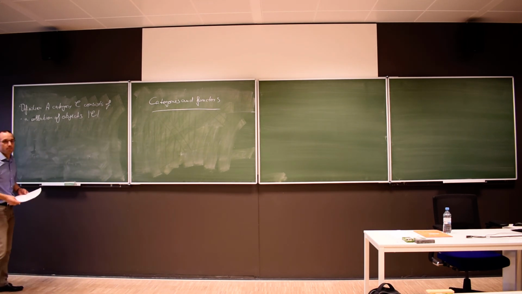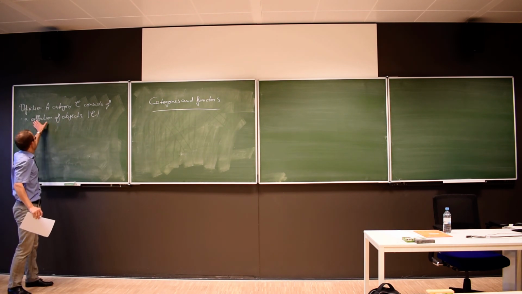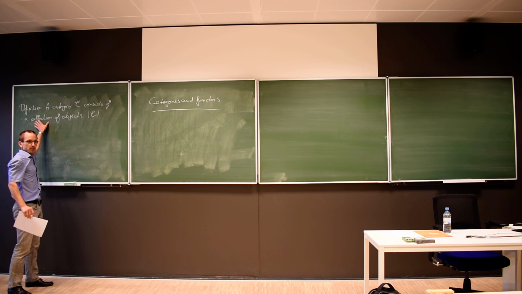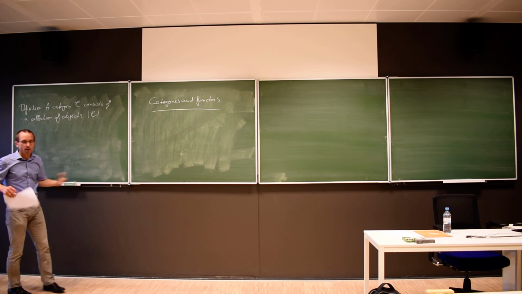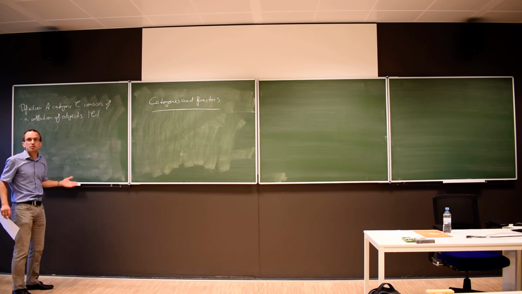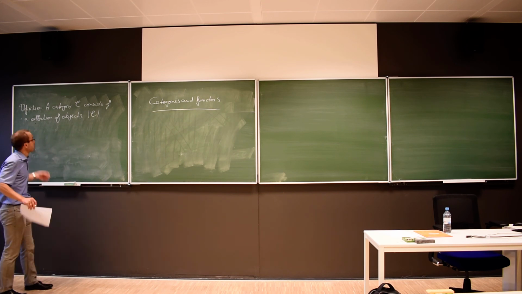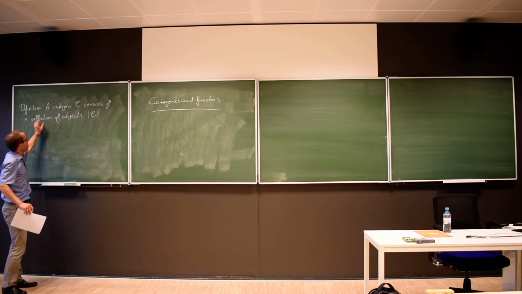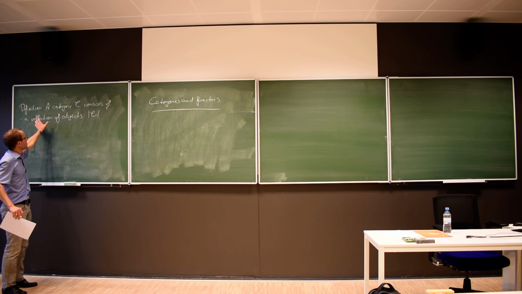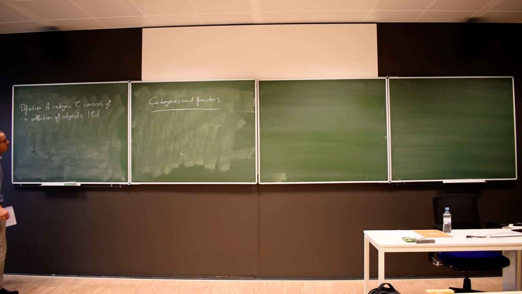It's an important point that I don't require this to be a set of objects. Collection here stands for what people sometimes refer to as a class, a collection of mathematical objects that does not necessarily need to satisfy the axioms of a set. In particular, we will be allowed to consider the collection of all sets. So this is the first piece of data of a category.